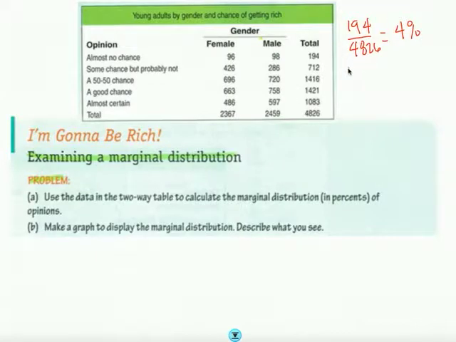Some chance, you do the same thing, so the total is 712 out of 4,826. And that would give you roughly 0.148, which gives you 14.8%. And I'm not going to go through and do them all, but you do them all exactly the same way.